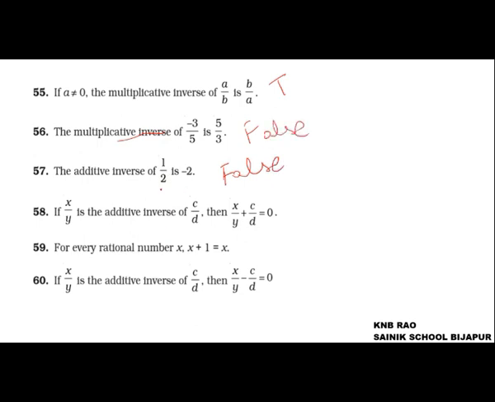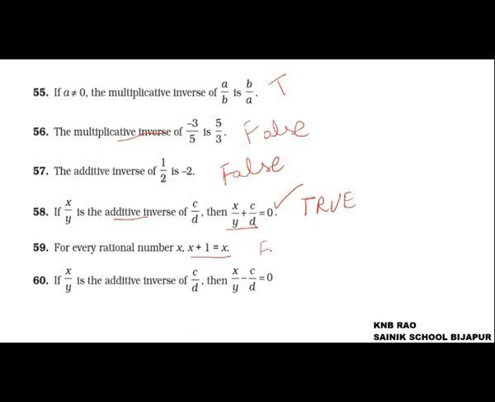Then 58. If x by y is additive inverse of c by d, additive inverse, so their sum should be 0. It is true. Then for every rational number x plus 1 equal to x, it is clearly false.